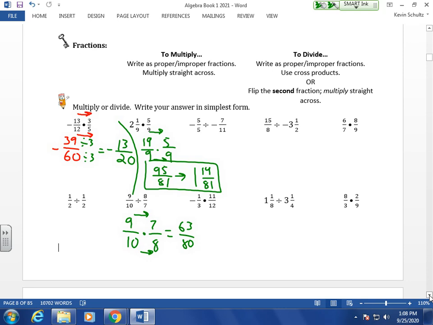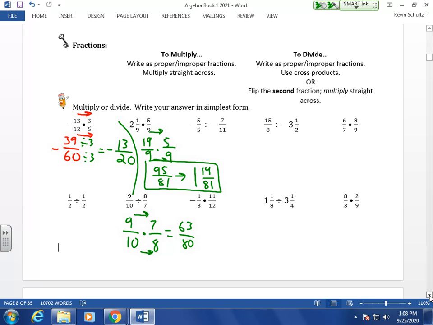So that method works very, very well. What's another method you can use that's maybe more mental math, doesn't involve flipping that second fraction? Max? You still end up with the same result, but you don't flip that second fraction.